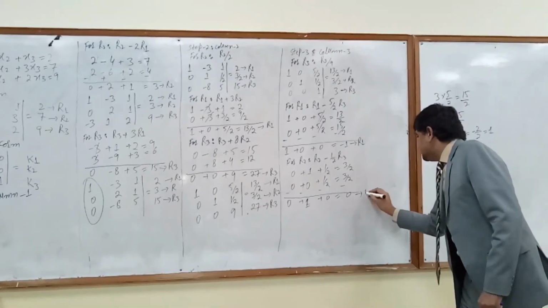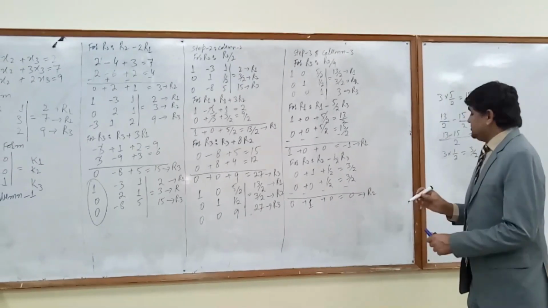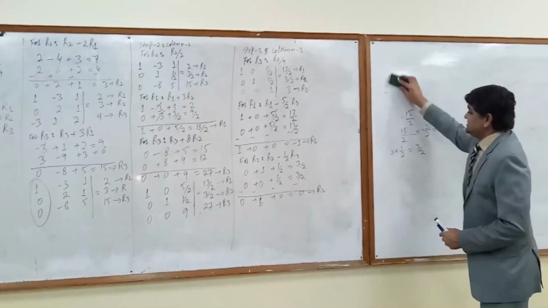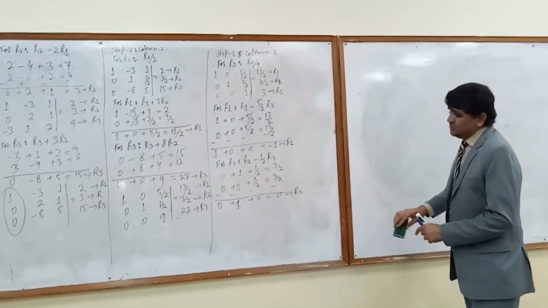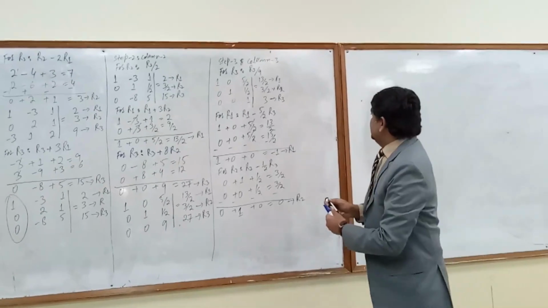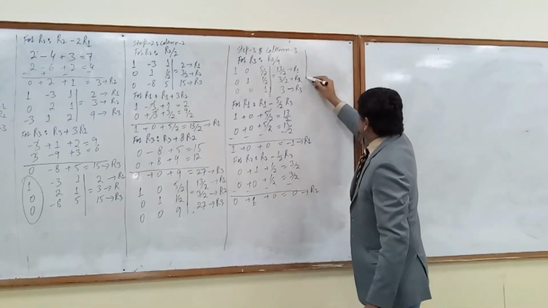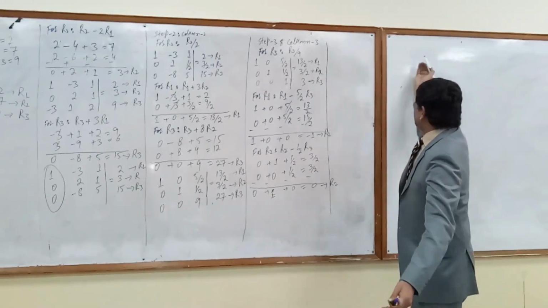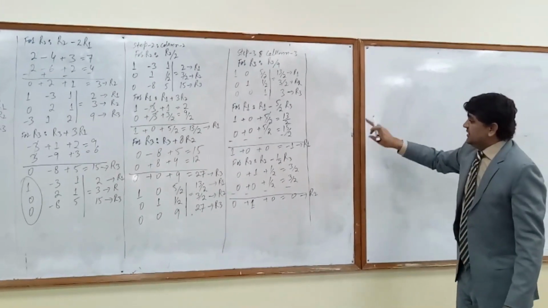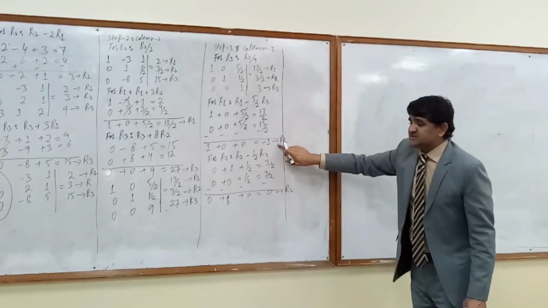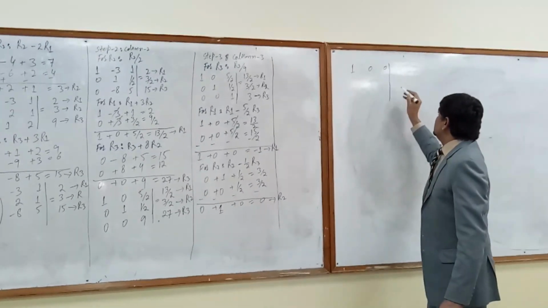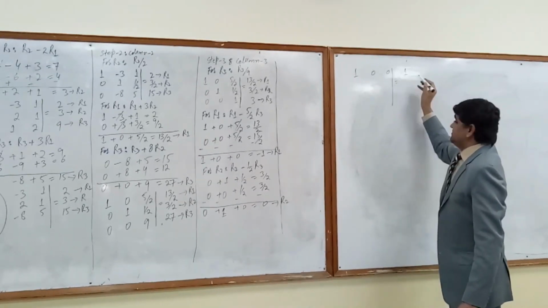What is the new system? Here we can write the new system, or we can solve here. So R1 we have simplified: 1, 0, 0 equal to minus 1.